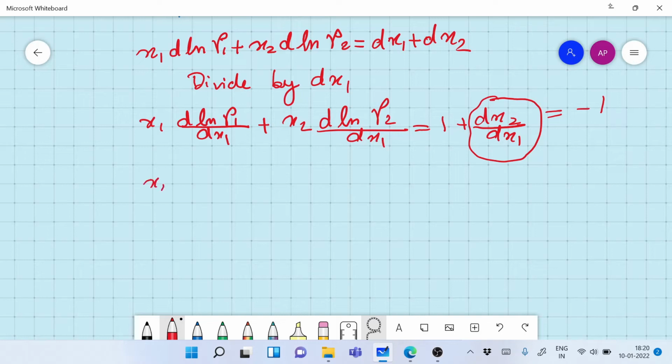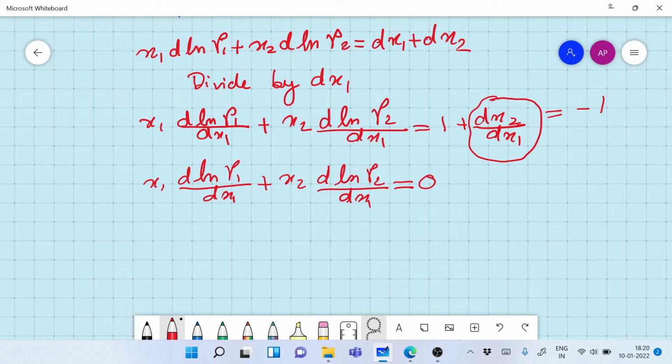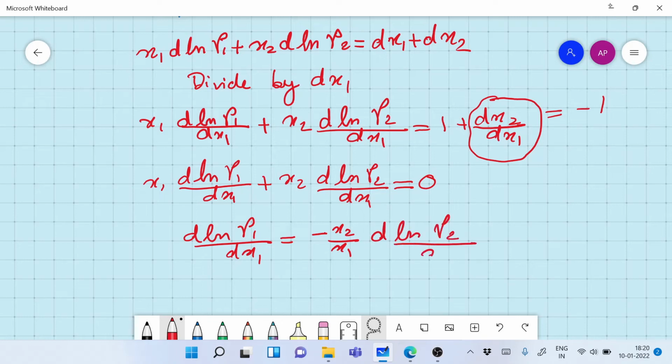Therefore we get x1 d ln gamma 1 by dx1 plus x2 d ln gamma 2 by dx1 is equal to 0. Or we can write down d ln gamma 1 by dx1 is equal to minus x2 by x1 d ln gamma 2 by dx1.